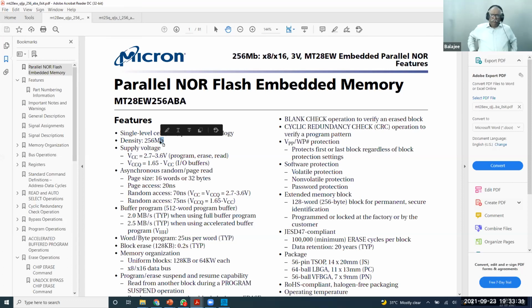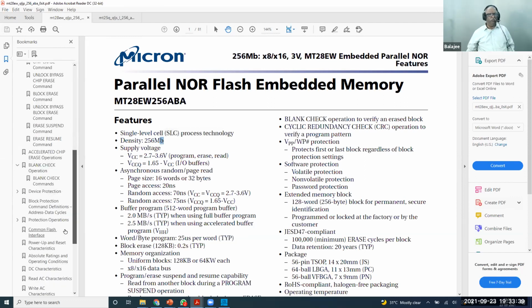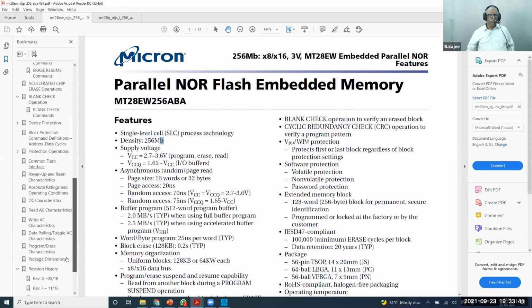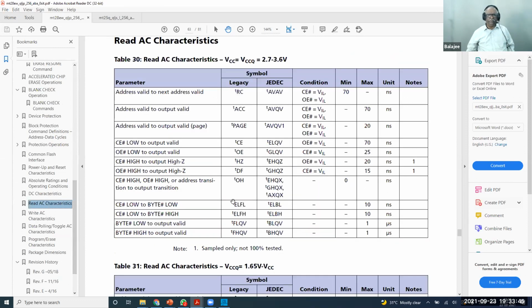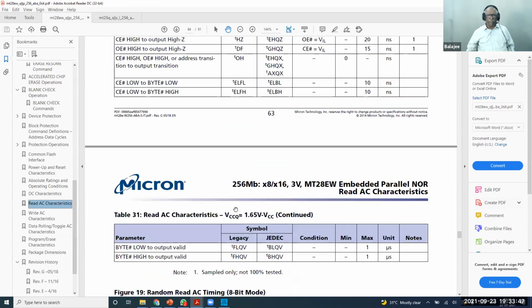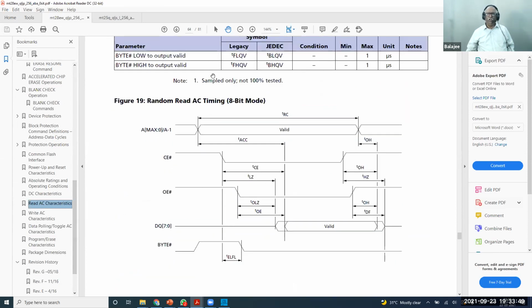Okay. So that's why I've shown here how exactly it is there on the chip. Read characteristics, how they draw the timing diagram. Normally we see this. Oh, fine. We are matching. Everything fine.